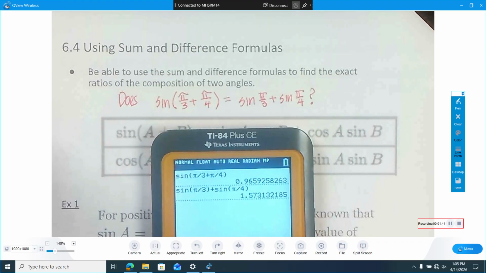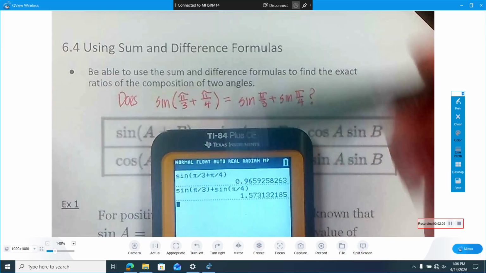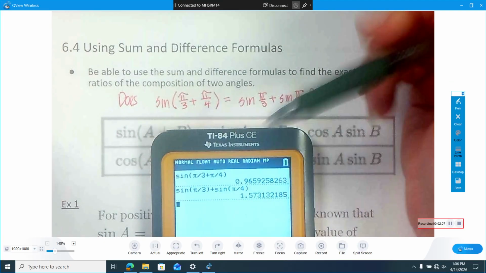Okay, so here is the really important thing that we want to learn today: if I have two angles and I add them together, is the sine of the sum the same as the sine of each added together? You can understand why this is a common misconception.